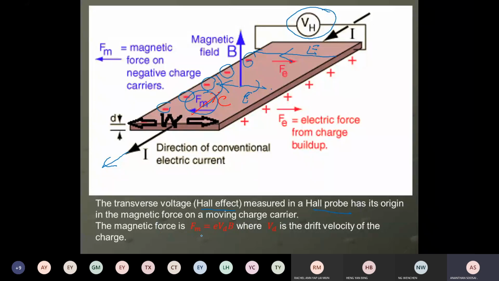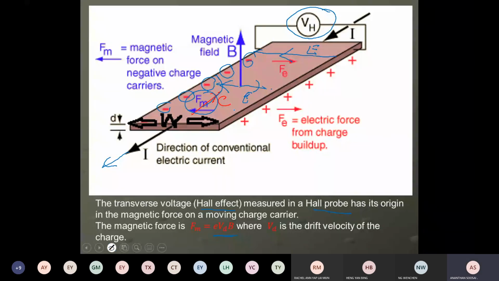The magnetic force is BQV, where Q is the charge and V is the drift velocity of the charge, which we write as v_D. Any question about this slide? Try to understand the Hall effect.